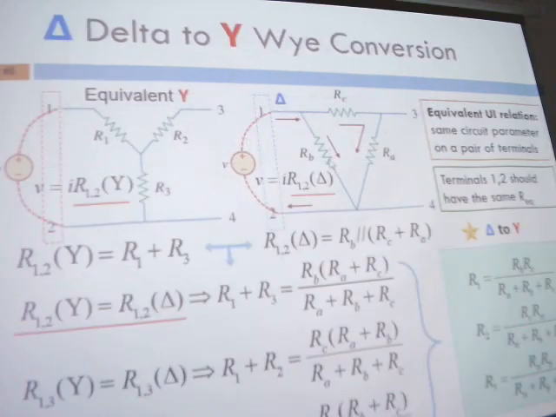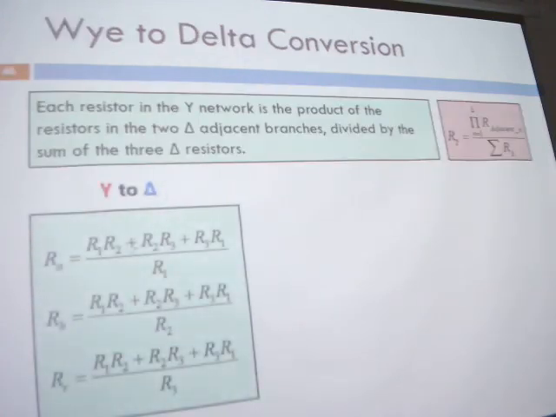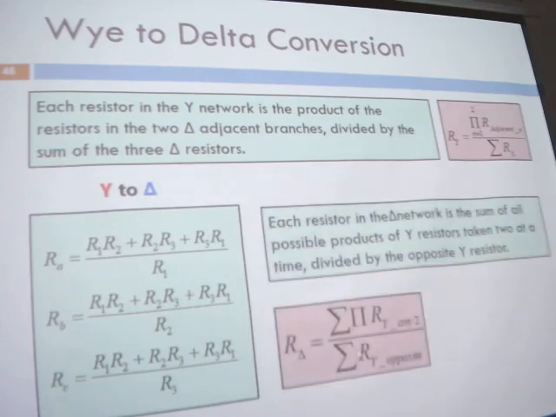For RA, the opposite is R1, right? Yes. And it's the sum of possible products: this one, and this one, and this one, over the opposite one. Clear? The same numerator, different denominators. And this one is the general form for the Y to delta connection. This one is also important, and we should remember it.